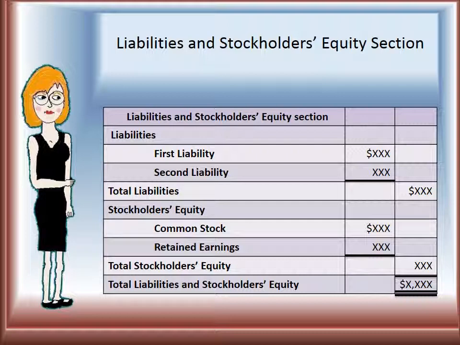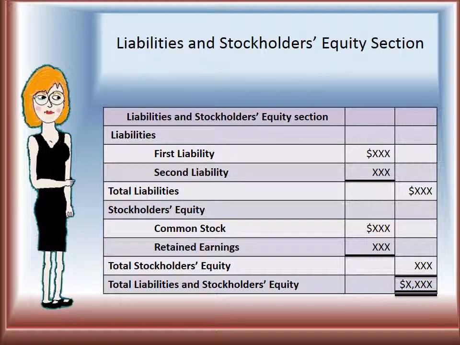Then you'll do the section header, or subsection really, of the stockholders' equity. Then you will list common stock and retained earnings in that order. Those are the two most common that we'll be using in this course, but in future courses we will be extending this. Then we will pull those back, add them together.